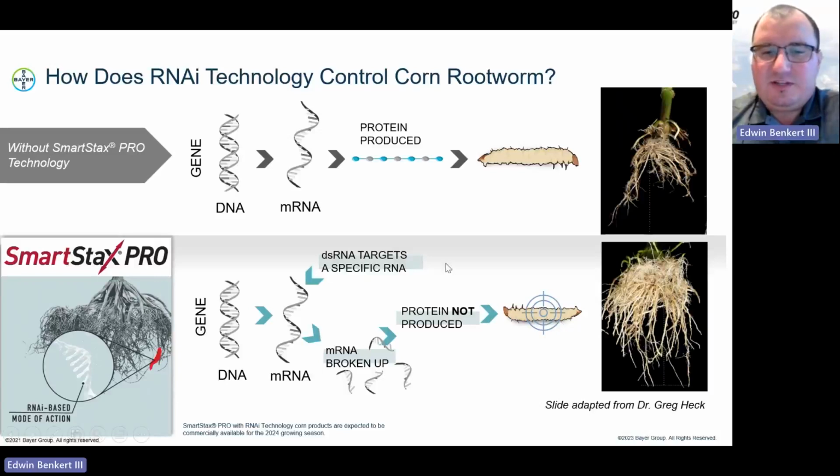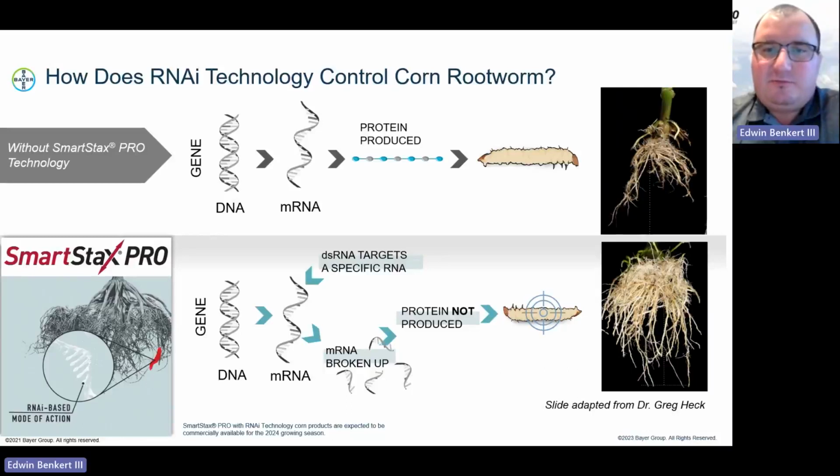So, a couple things to note with the RNAi in SmartStax PRO, we're targeting that gene fragment DV-SNF7. If you think of gene fragments and gene sequences within the body, there's certain gene sequences that we could live without. There's some that if they're not expressed, we could still go on living and everything would be fine.